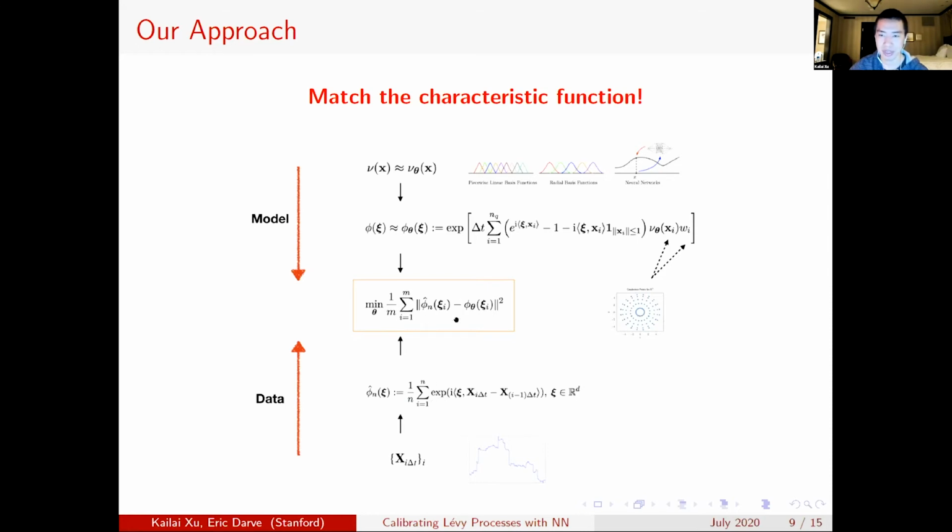And we have formulated the squared loss using the numerical characteristic function and the empirical characteristic function. We can then minimize this loss function using a gradient-based method, which in our case is an automatic differentiation-based optimizer. You can see this as a stacking of a neural network with a numerical quadrature scheme, and then you optimize that using the data.